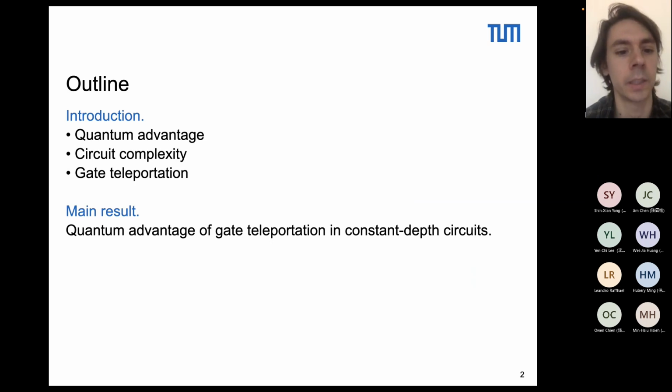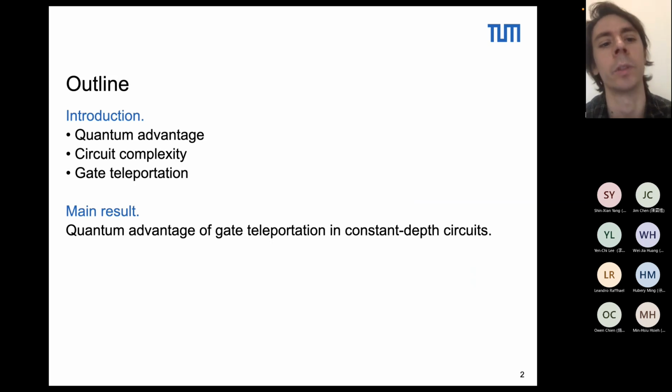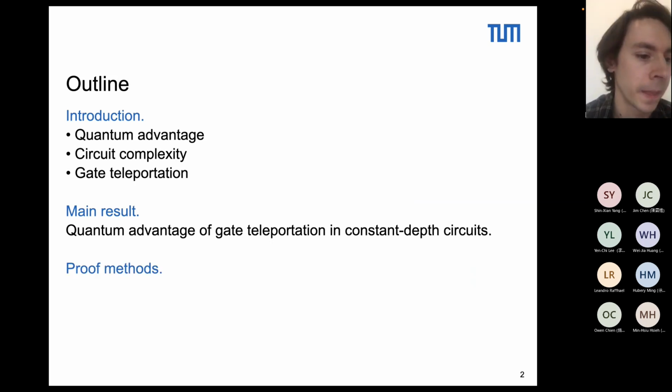What's really nice about this result is that it gives a separation between two complexity classes that is unconditional. It's a separation that had already been proven, but we give an alternative proof that is based on a very simple circuit, and it seems that it touches the essence of what is fundamental with quantum information processing.